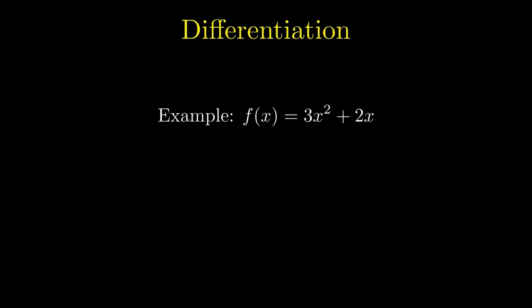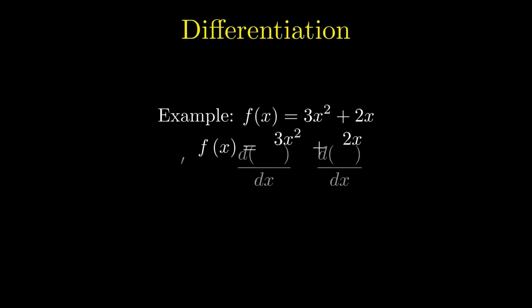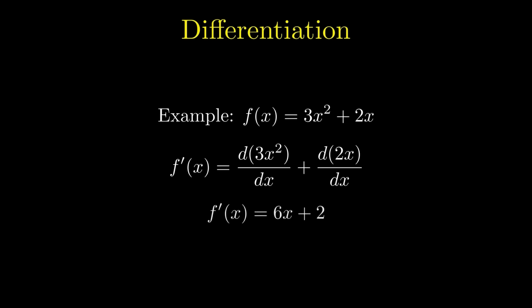For example, f of x equals 3x squared plus 2x. The sum rule states that the derivative of a sum is the sum of the derivatives. f prime of x equals d of 3x squared over dx plus d of 2x over dx. Differentiate. f prime of x equals 6x plus 2.